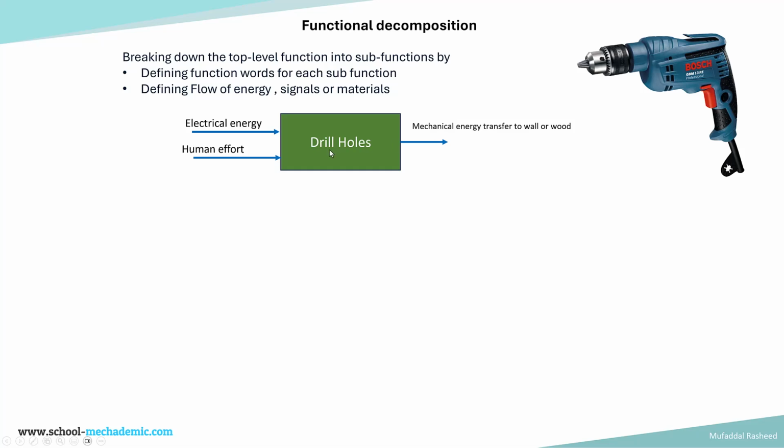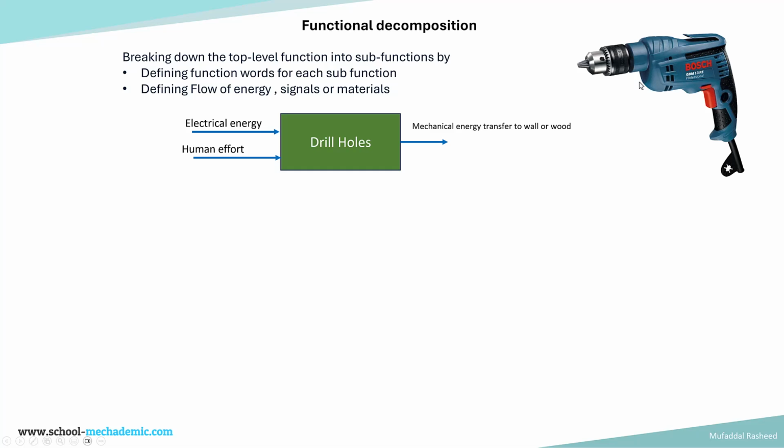Now if we are breaking down this top level function, which is the overall function of drilling holes, into sub functions, we will be able to understand the various elements of the drilling machine. The drilling machine, as you can see, has multiple elements, multiple parts, multiple sub assemblies to it, which in turn perform certain functions.